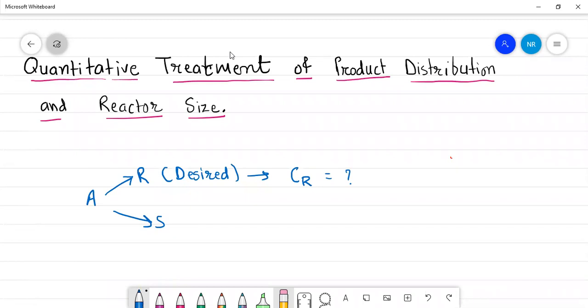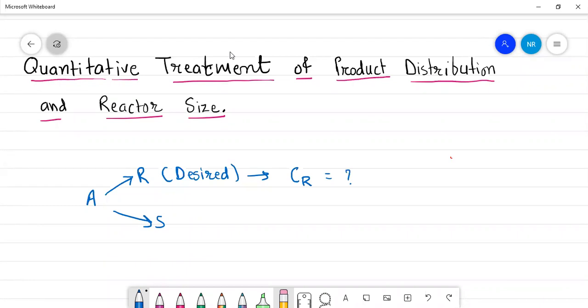If I use a plug flow reactor, how much desired product am I getting? So reactor size and how to find it out, for that this theory is used.